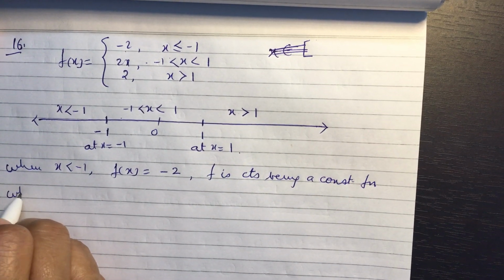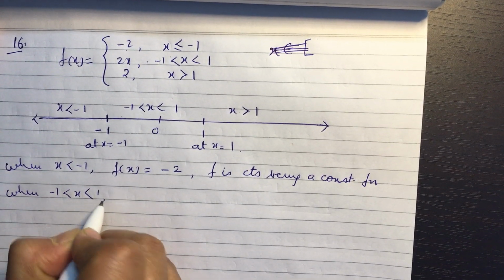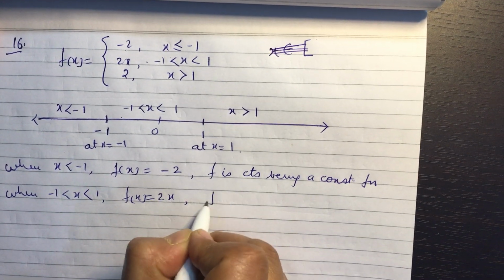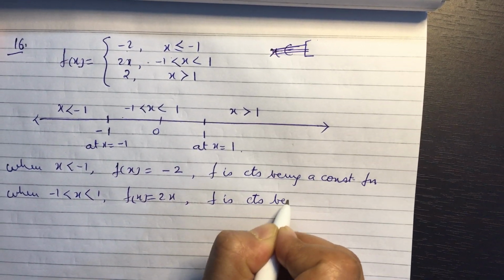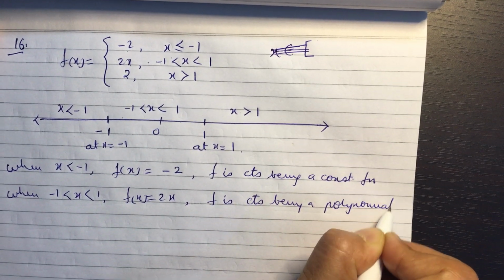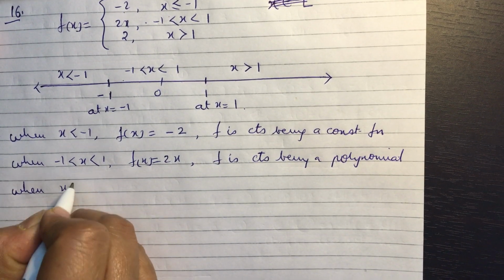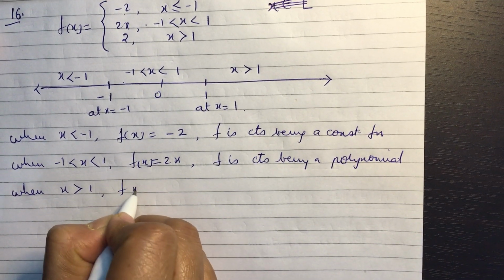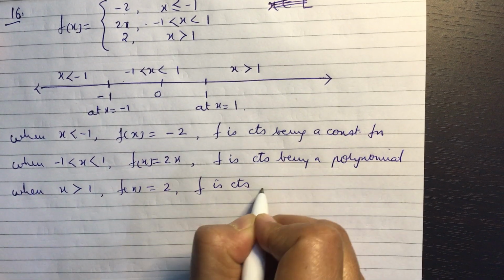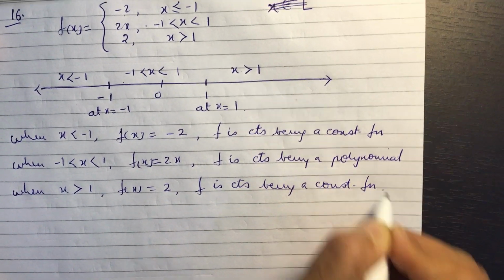Then when x lies strictly between -1 and +1, f(x) is defined as 2x, which is continuous being a polynomial function. And then the third case is x greater than 1, f(x) is again a constant function, and so it is continuous being a constant function.